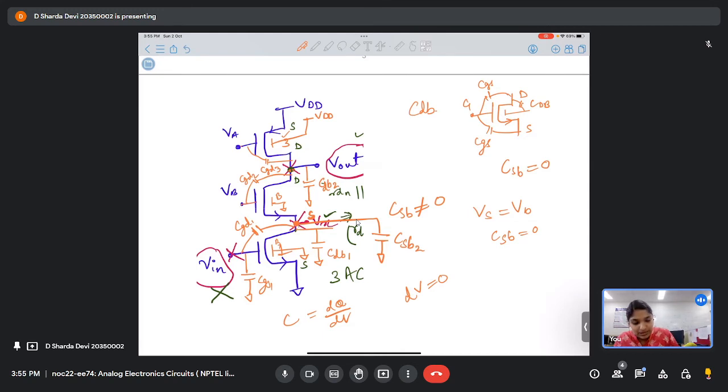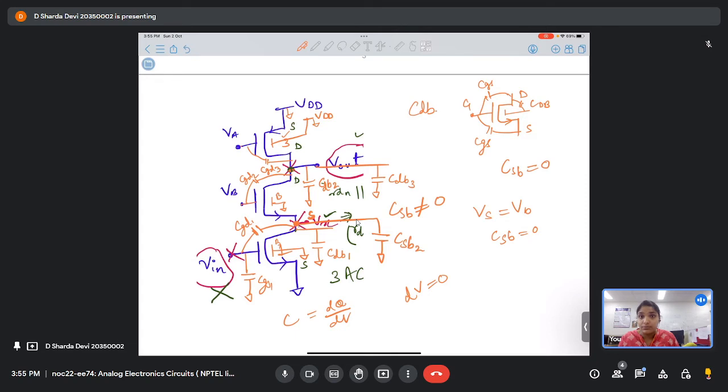We'll again see a CDB, because this will be AC grounded. So this CDB3 will come in parallel, right? And will there be a CSB here for transistor 3?